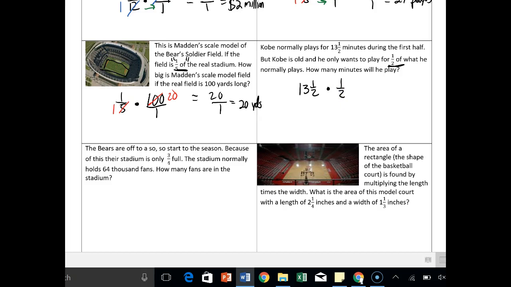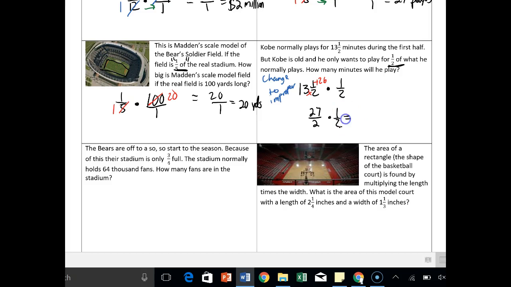So first of all, we got to stop, right? We have to make sure we have a mixed number here, but we have to change it to improper. So change to improper. It's huge, all right? So we're going to go ahead and say 13 times 2, that's 26. Add it to 1. So we have 27 over 2 times 1/2. Can I cross cancel anything?